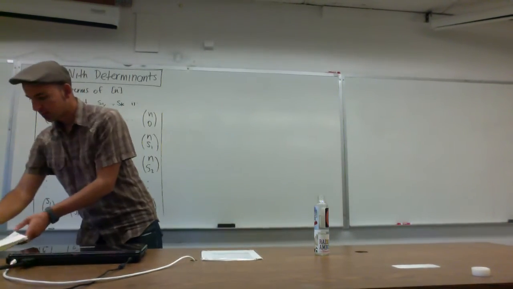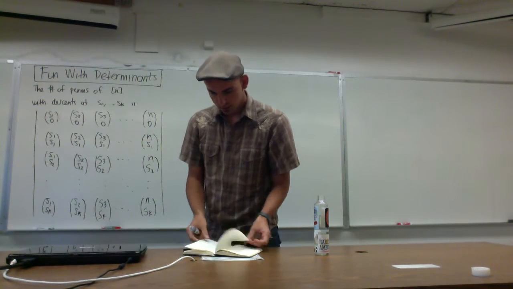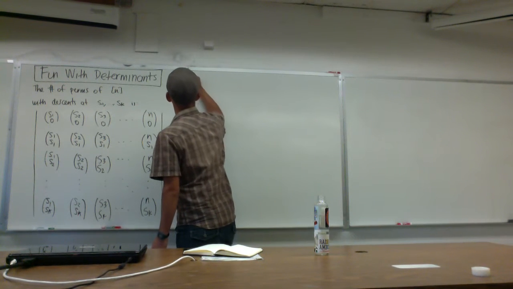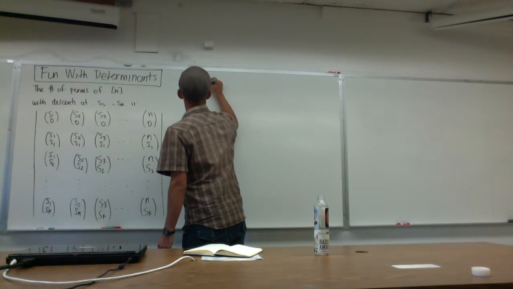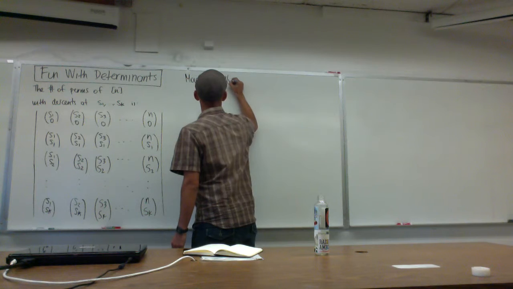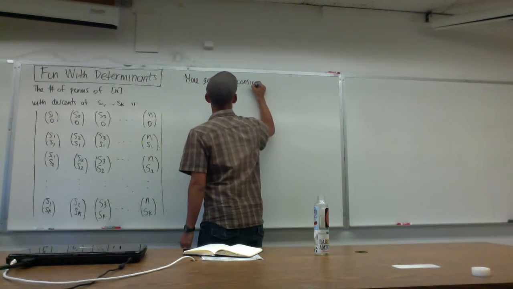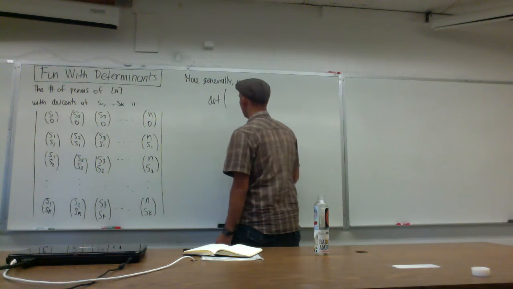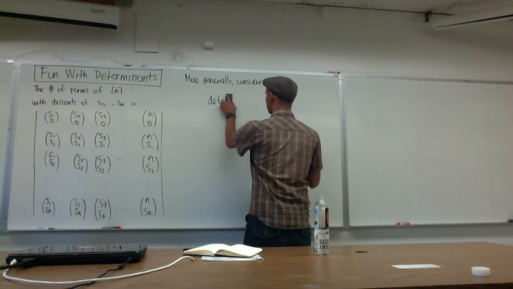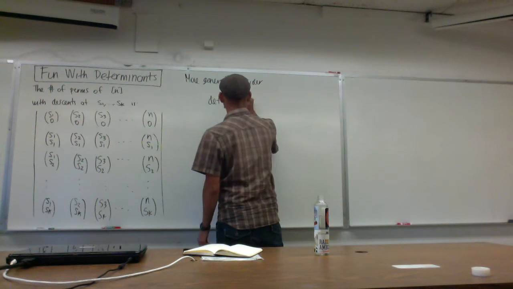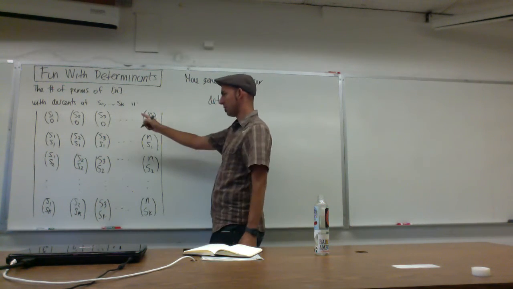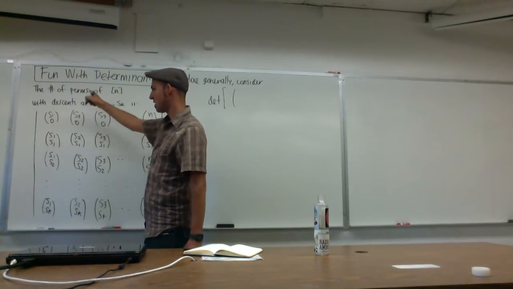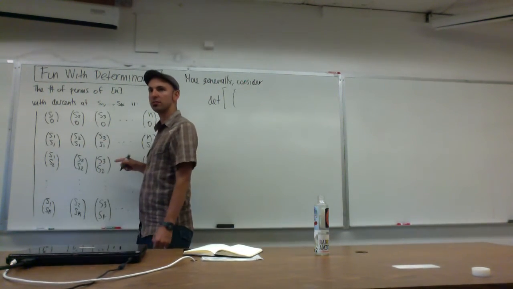Okay? And so now I want to think about generalizing this phenomenon. So, more generally, let's consider the determinant of a square matrix where right here the ij entry is si choose sj.